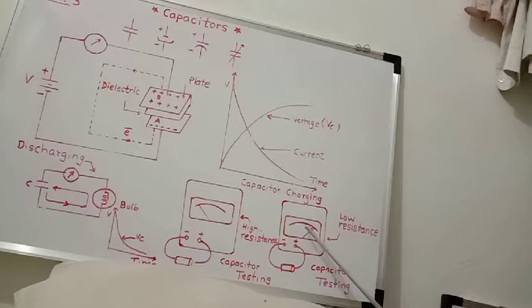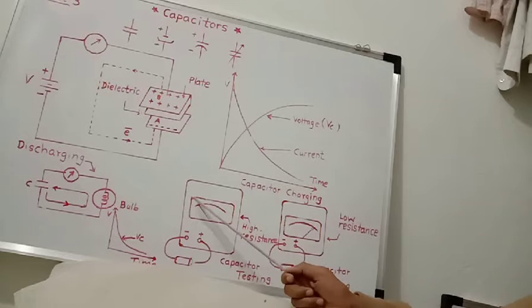So we get full deflection, and then again the multimeter shows a reverse deflection, and the pointer shows high resistance.